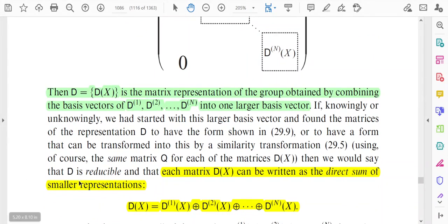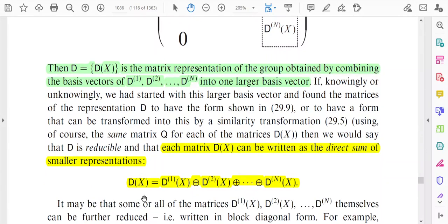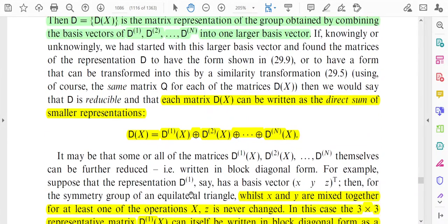Then we would say that D is reducible, and each matrix D(x) can be written as the direct sum of the smaller representations. That is, D(x) can be written as the direct sum of the smaller matrices such as d1(x) plus d2(x). This plus symbol denotes the direct sum of the smaller matrices. So D(x) is equal to d1(x) plus d2(x) and so on up to dn(x).